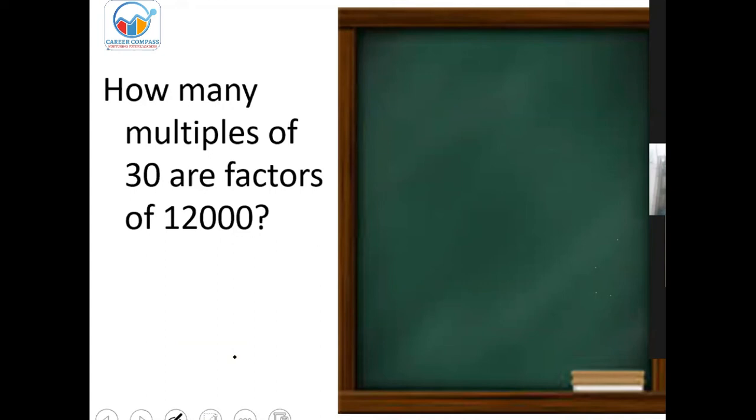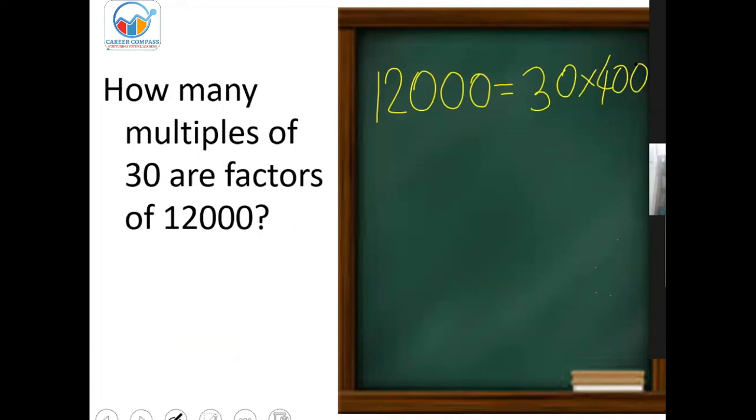There is one fundamental understanding for all of you, the difference between multiples and factors. For example, if I write 12,000 as 30 into 400, now please understand, the moment I consider the factors of 400 like 1, 2, 4, 5, etc., it will go on up to 400 itself.